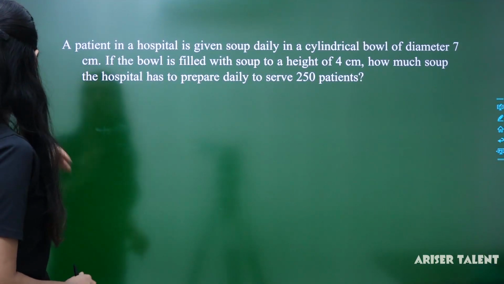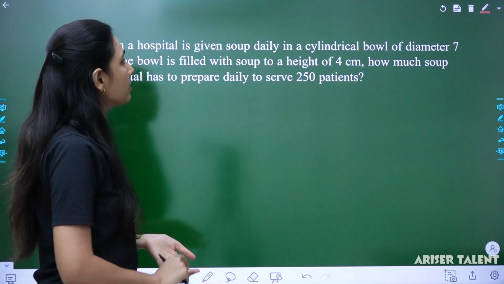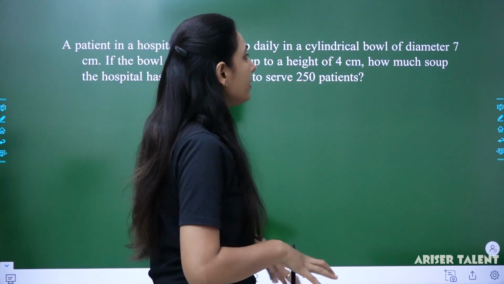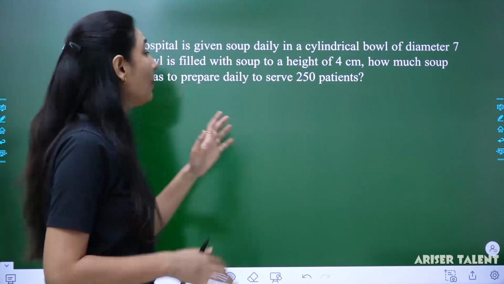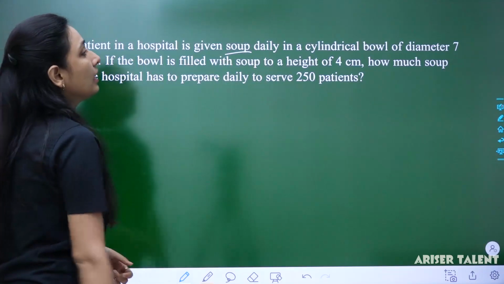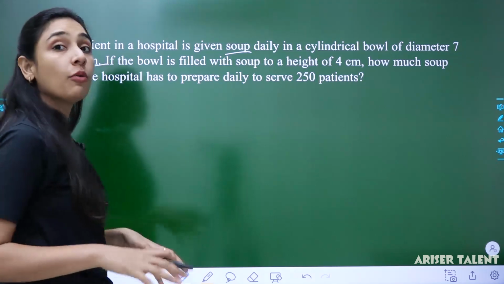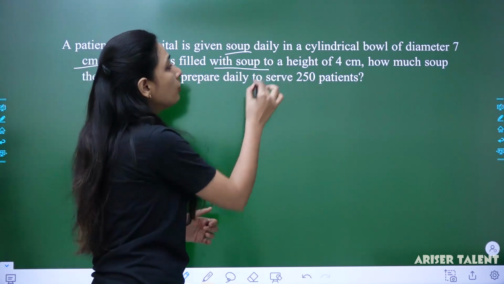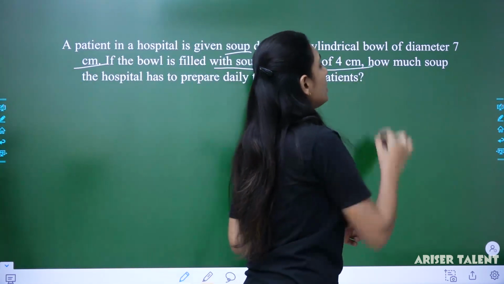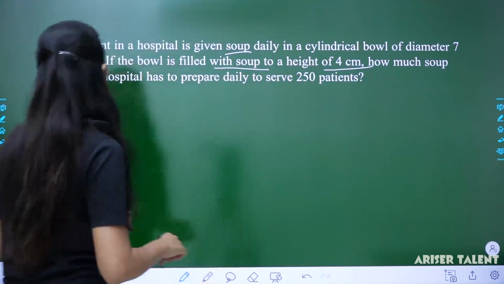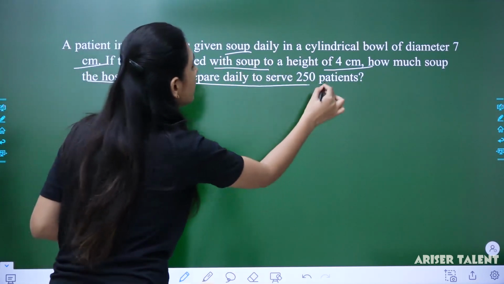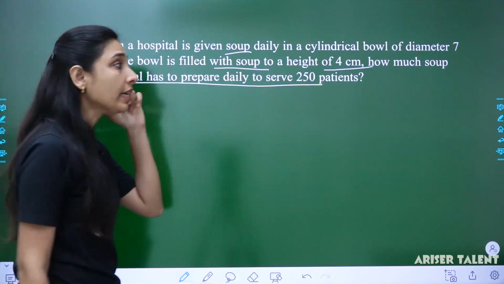Now, the next question. A patient in a hospital is given soup daily in a cylindrical bowl of diameter 7 centimeters. If the bowl is filled with soup to a height of 4 centimeters, how much soup does the hospital have to prepare daily to serve 250 patients?